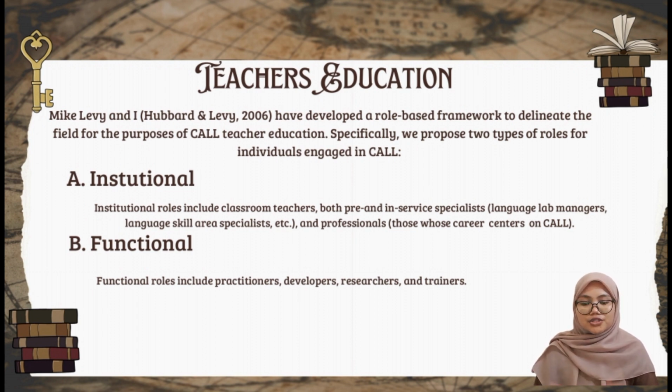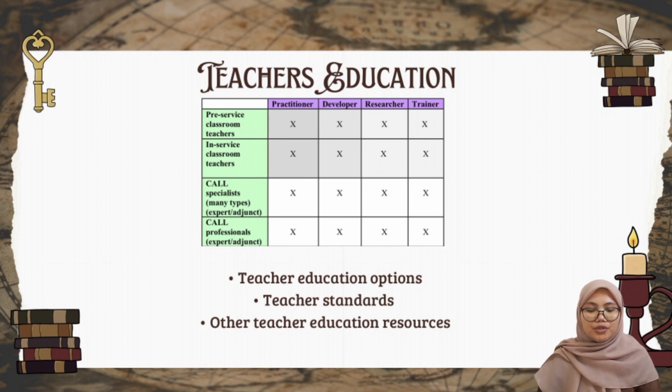And the second is functional. Functional roles include practitioners, developers, researchers, and also trainers. You can also see the table.